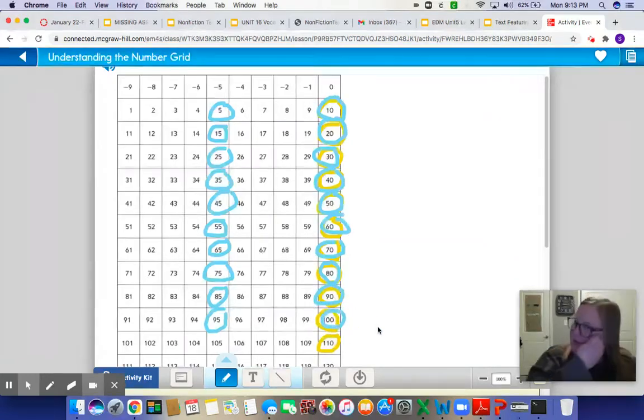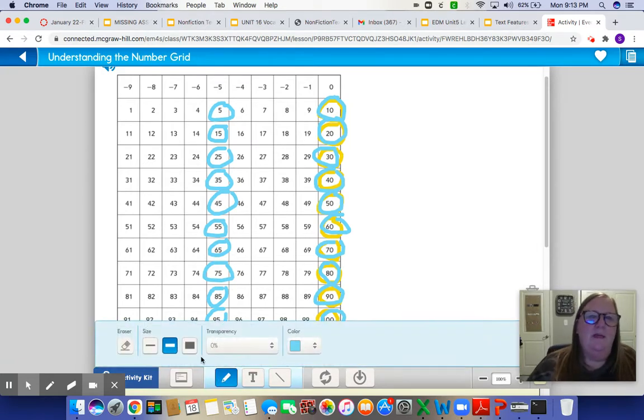So you notice that those are counting by fives, and all the numbers either end in a 5 or a 0. So that's another pattern that we see.